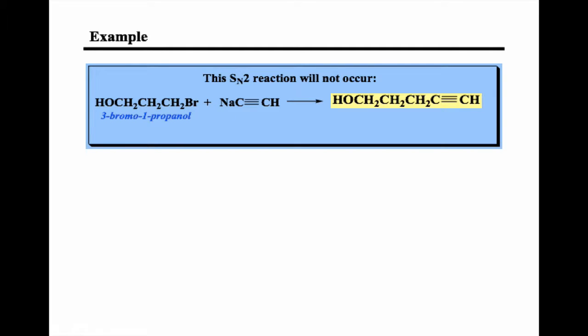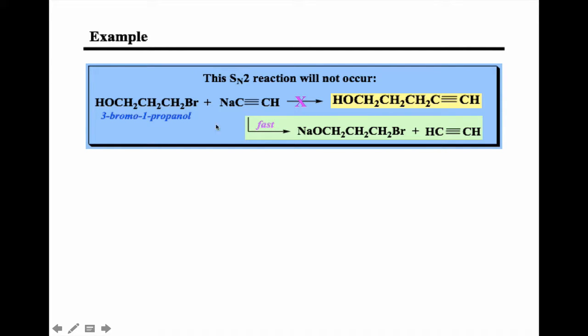It's very important that you recognize that your acid-base chemistry, with protic acids and strong bases, almost always occurs before you have any chemistry occurring as an SN2 type process. Okay? And so what would happen in this reaction is you would actually form acetylene, which is a gas, and you would form the sodium salt of the alcohol and not get exactly what you wanted. Okay, but there are ways around that, and we'll talk more about that on Monday.